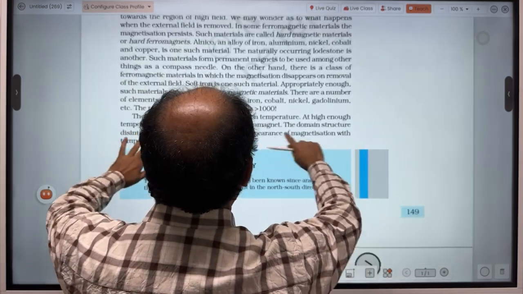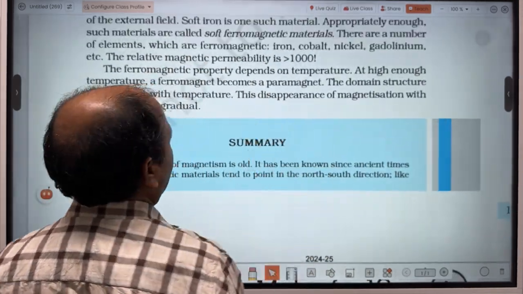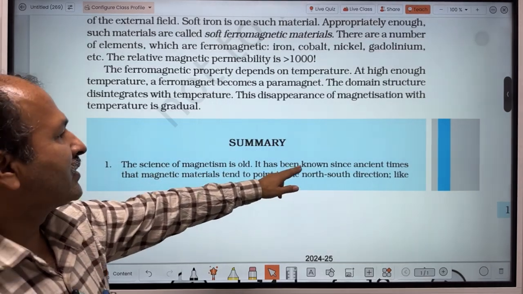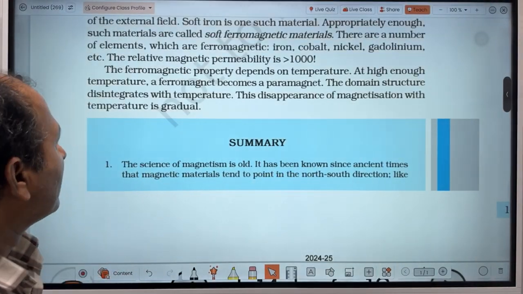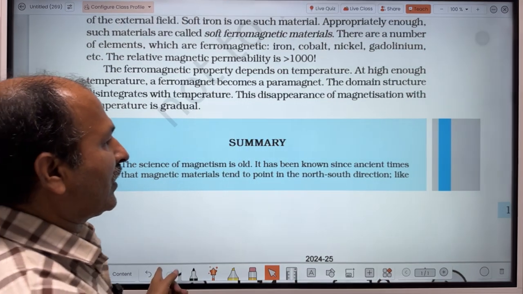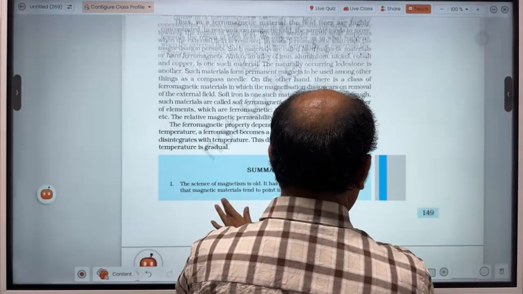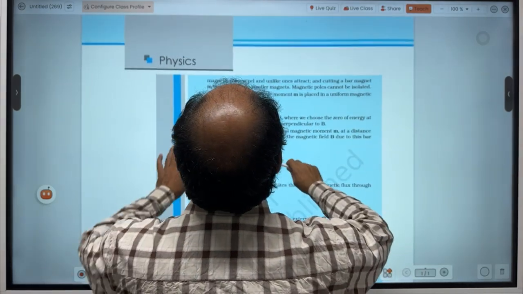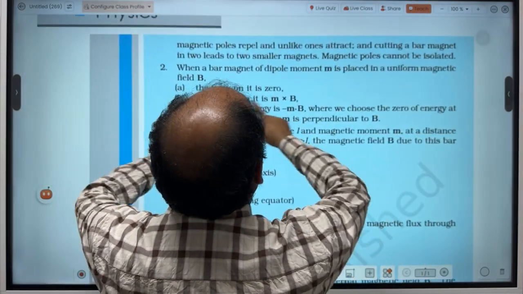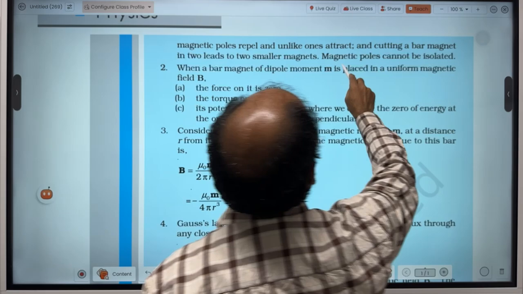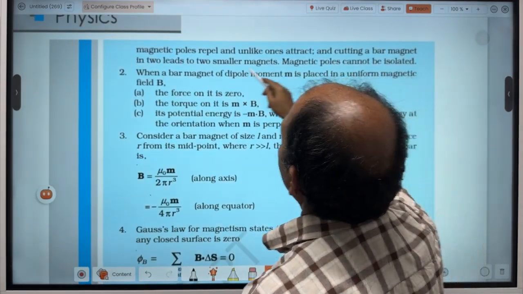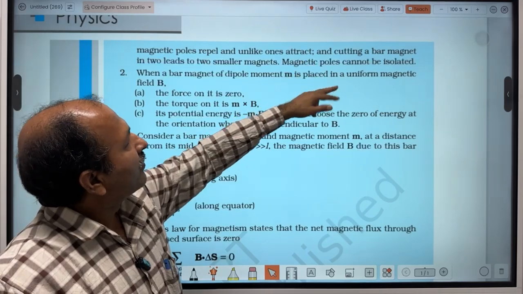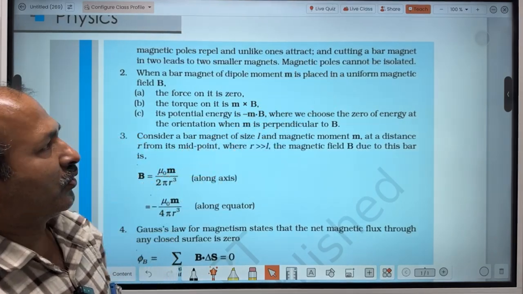So we can read the summary and then we will give an end to this lesson. The science of magnetism is old. It has been known since ancient times that magnetic materials tend to point in the north-south direction, like magnetic poles repel and unlike attract, and cutting a bar magnet in two leads to two smaller magnets. And magnetic poles cannot be isolated, as you know.